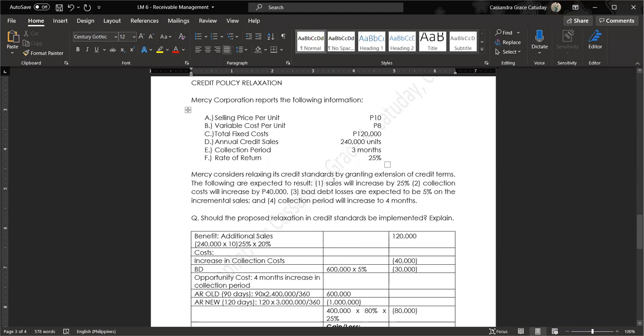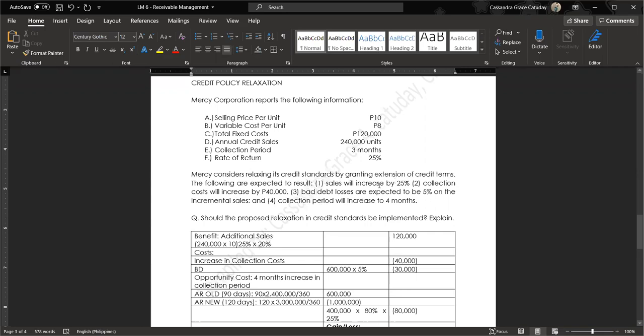There is an increase of 25%. So 240,000 units, we multiply by the selling price per unit, which is 10, and multiply again by 25%, the increase in sales.